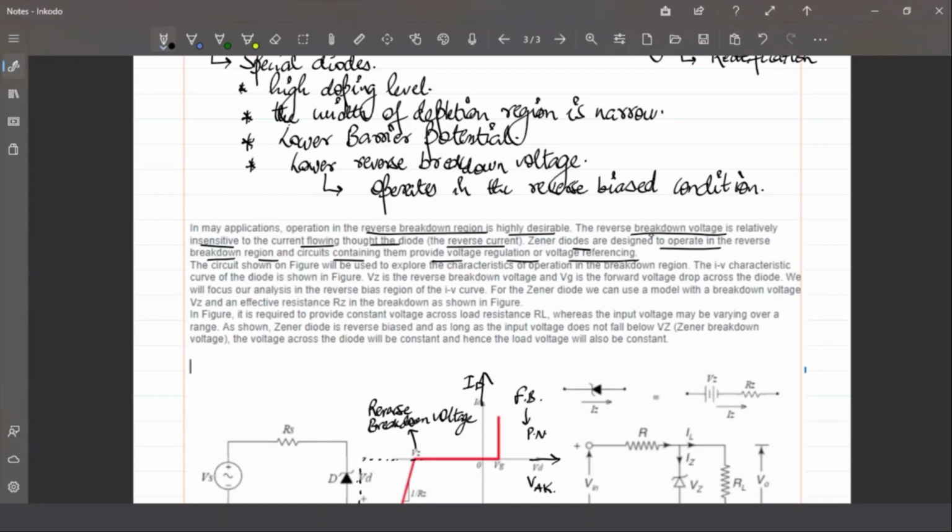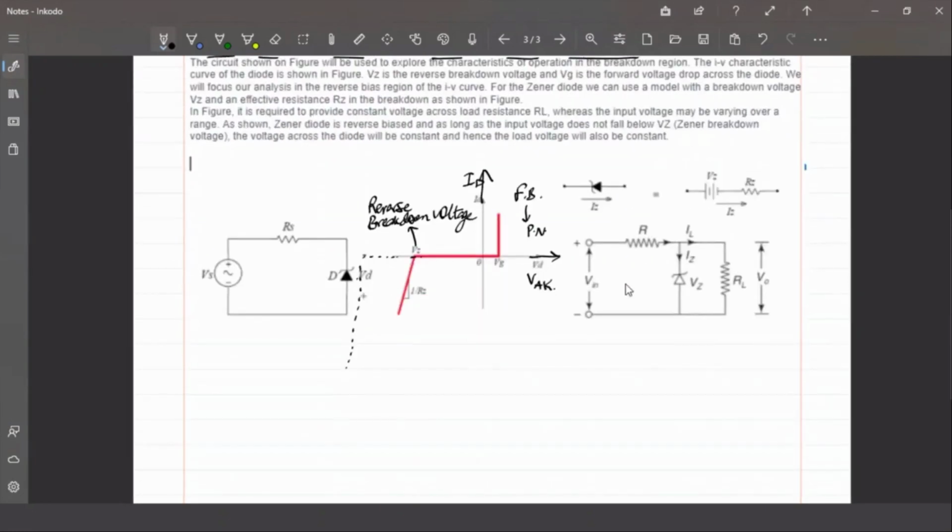Why does that happen? Because once the reverse voltage across the device has crossed the Zener voltage, that means if the voltage is somewhere in this area, the device will be in the reverse breakdown region, and the voltage across the device will be more or less constant, equal to this Vz voltage.